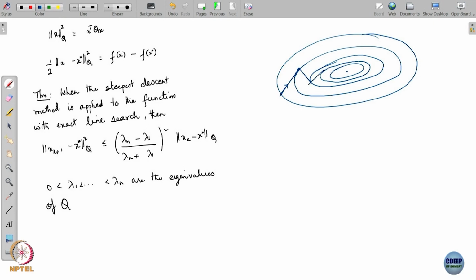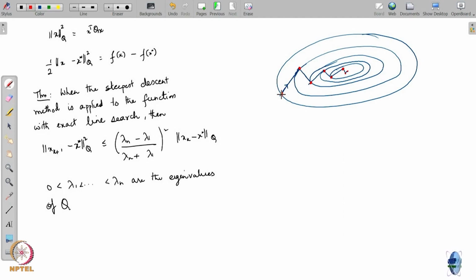That takes us here, and then another one takes us here, another one here, etc. So, from what I have drawn, these are the iterates that your algorithm has produced.